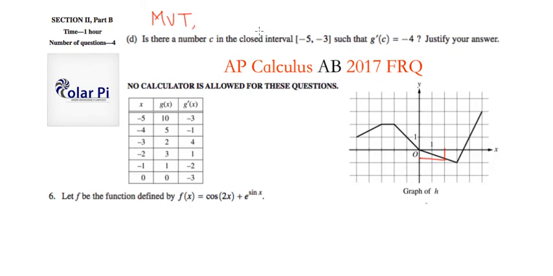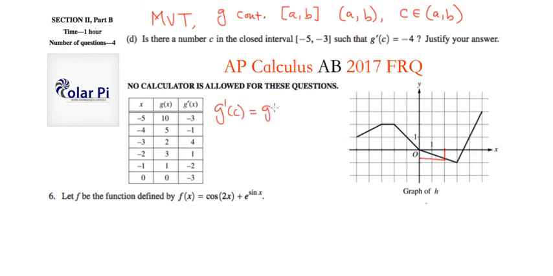No, just kidding. Anyway, what does the mean value theorem say? It says that if you have a function g that is continuous on a closed interval [a, b] and differentiable on the open interval (a, b), then there must be a c in the open interval (a, b) so that g prime of c will equal g of b minus g of a divided by b minus a.